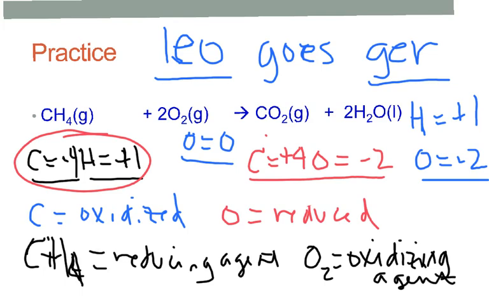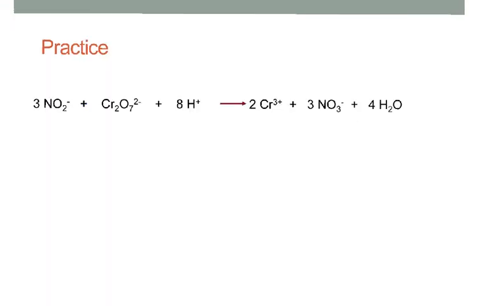Let's look at one more example. We have the nitrite ion reacting with the dichromate ion and H plus to yield chromium 3 plus, nitrate.